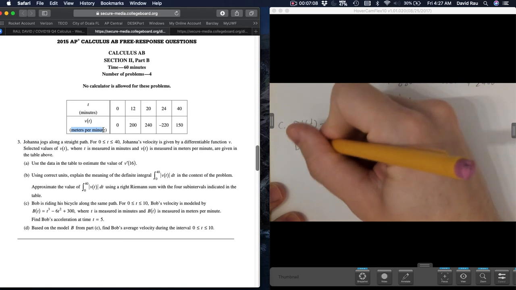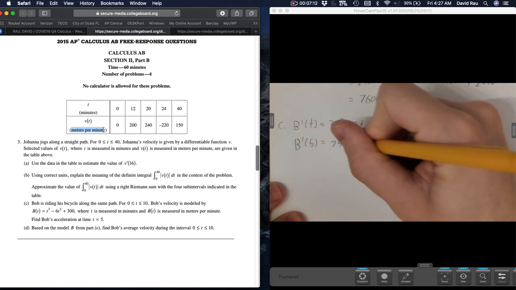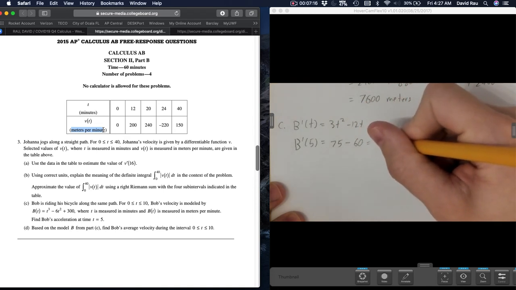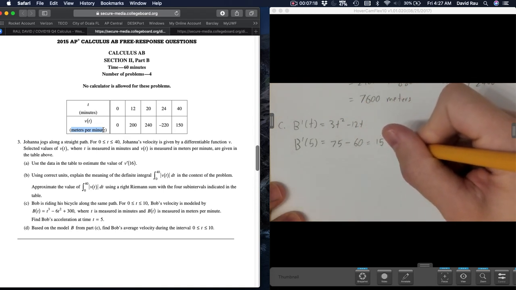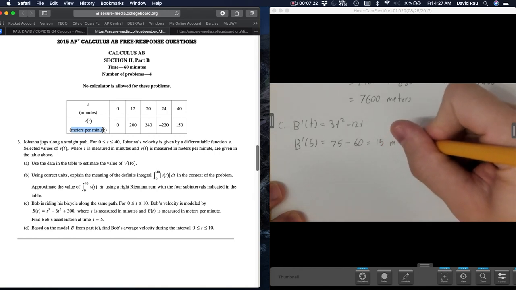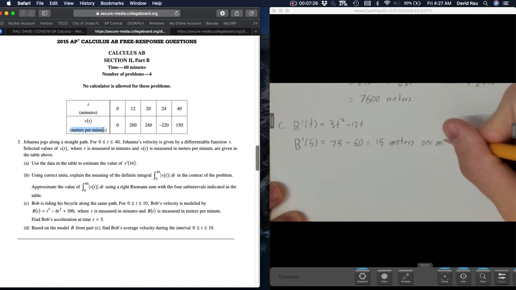And now we want b prime of 5, 25, 75, minus 60. So we get 15, and again, that would be 15, just say meters per minute squared.